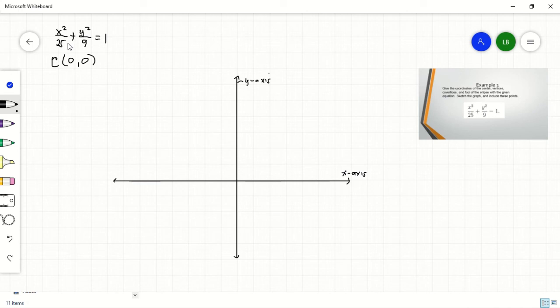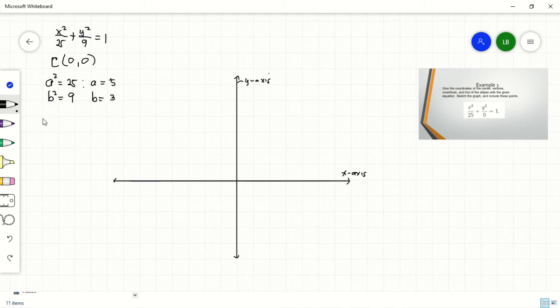And then, 25 is bigger than 9. So our A squared equals 25. And our B squared equals 9. So therefore, our A equals 5. And our B equals 3.